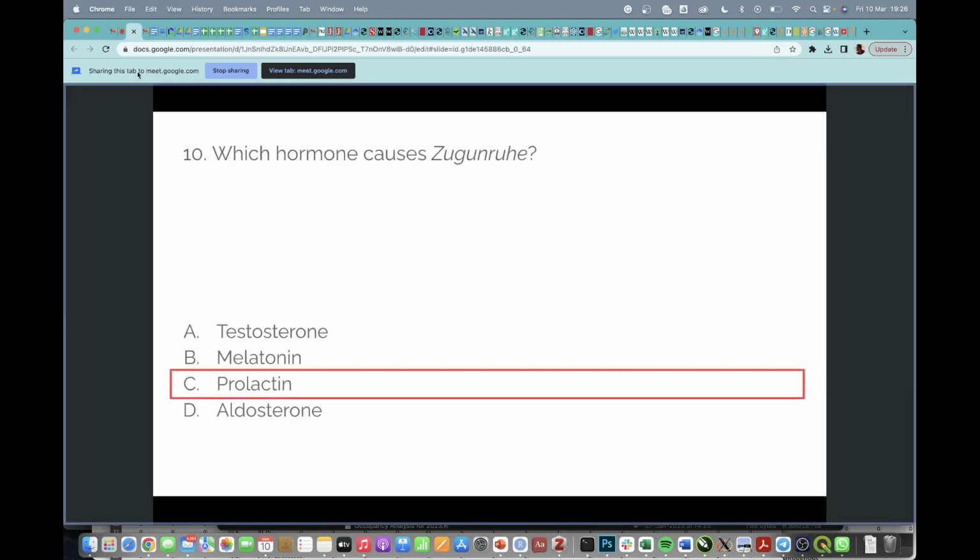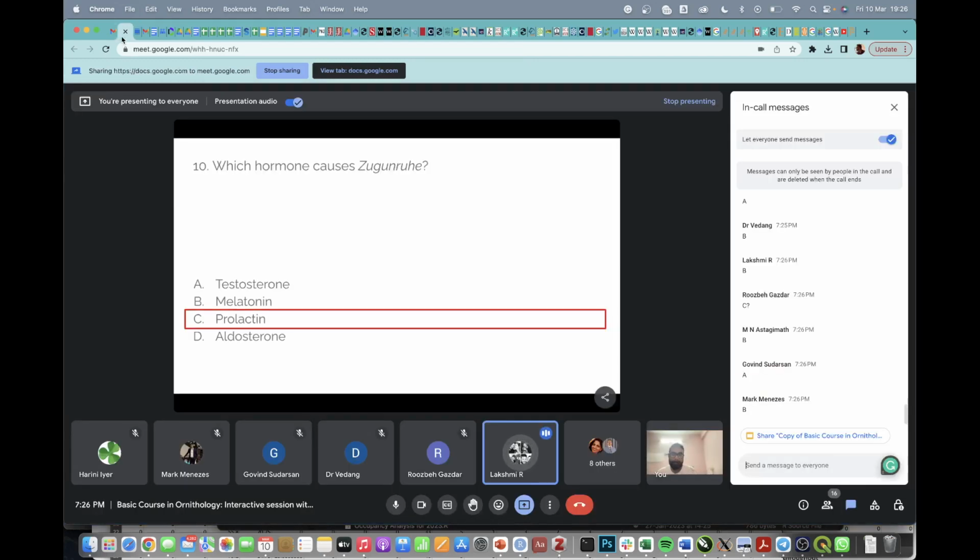Usually nocturnal sojourn is caused by melatonin, sir, but I don't know about the diurnal thing. Okay. This is very technical for me. I can't comment on this much more.